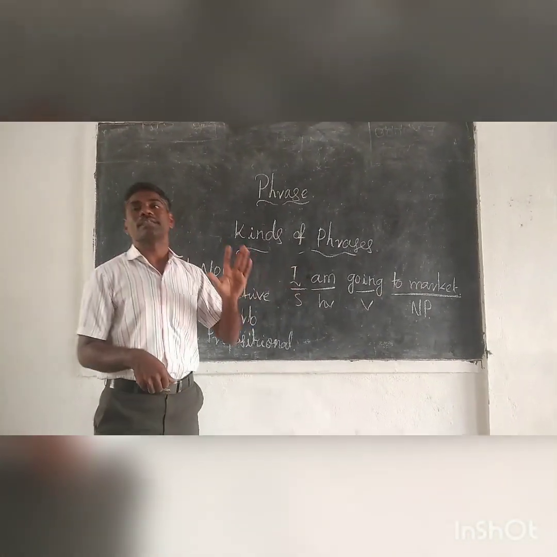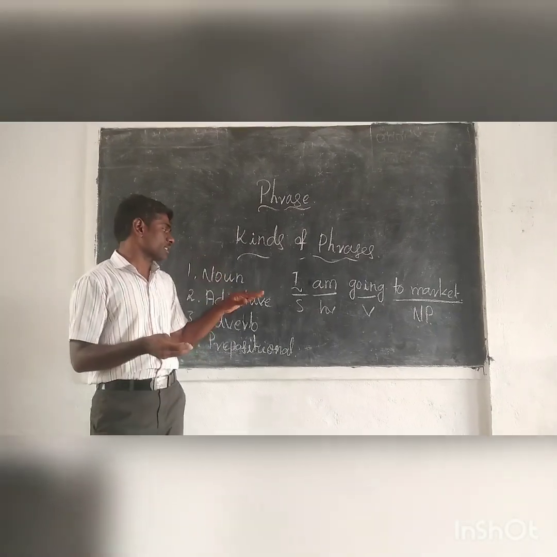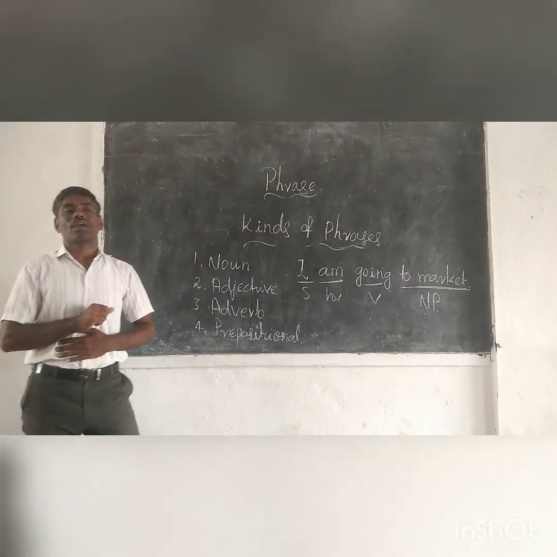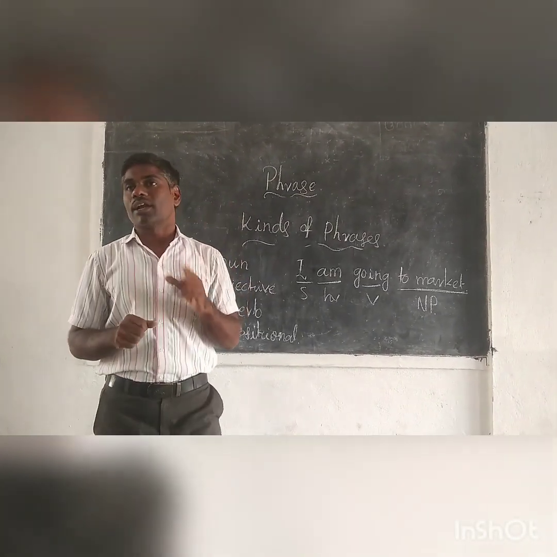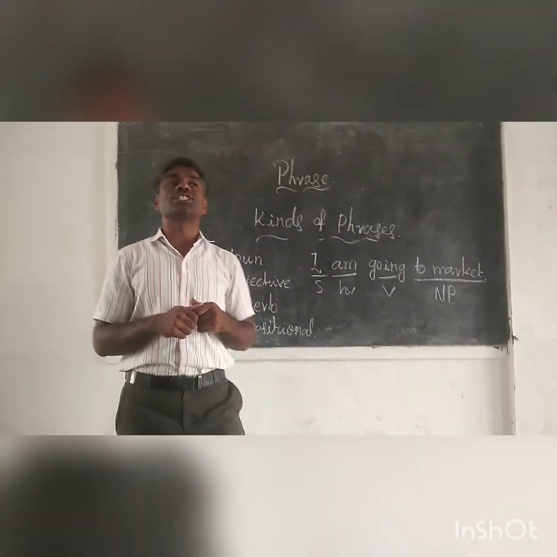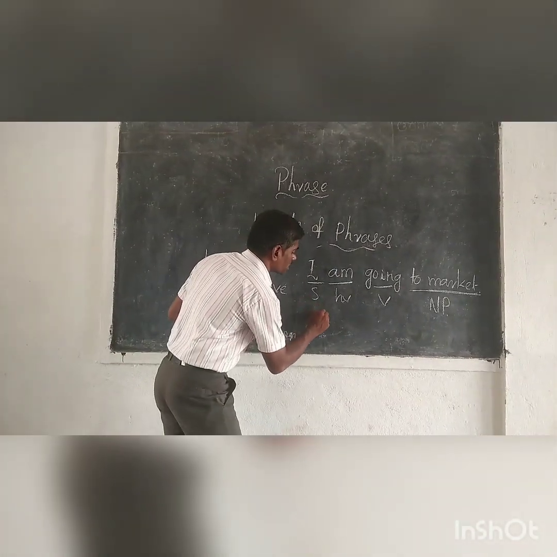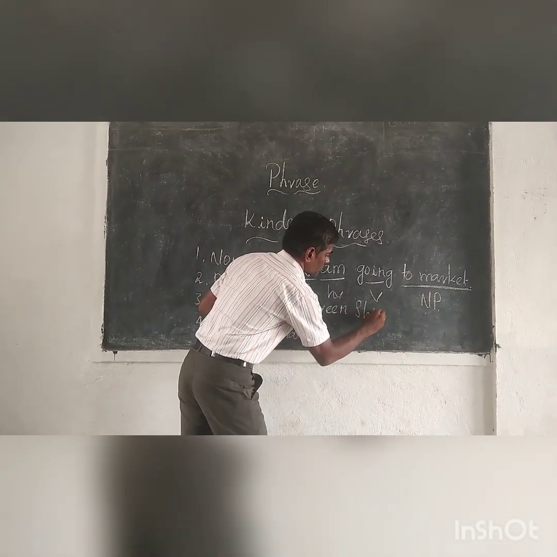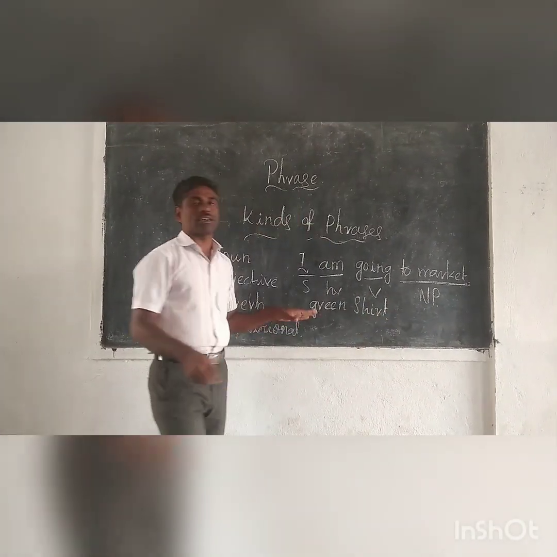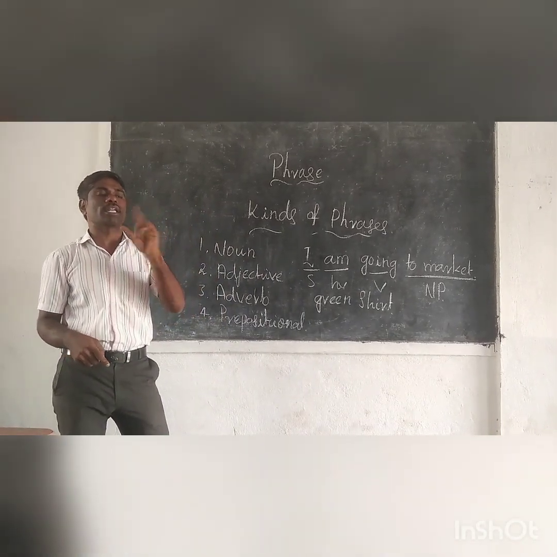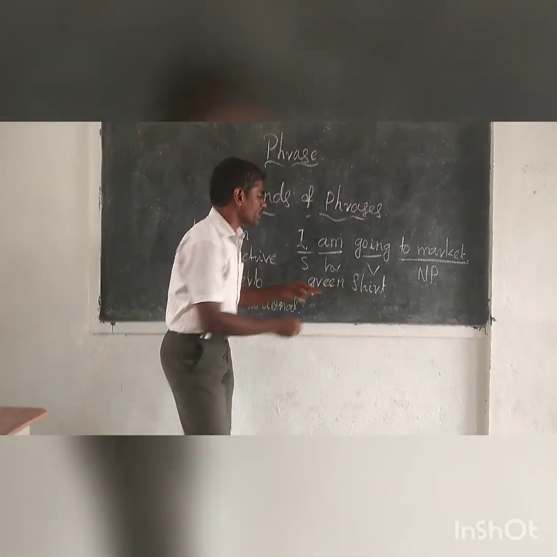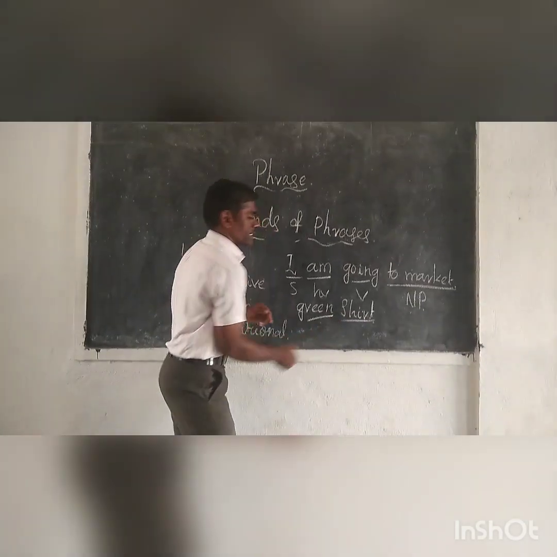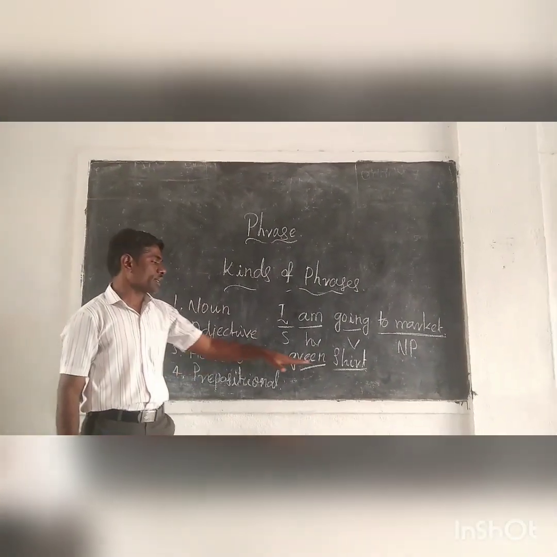But here, consider the words that occur in the sentence. For example, "Raju wears a green shirt." "Green shirt" becomes one of the adjective phrases.